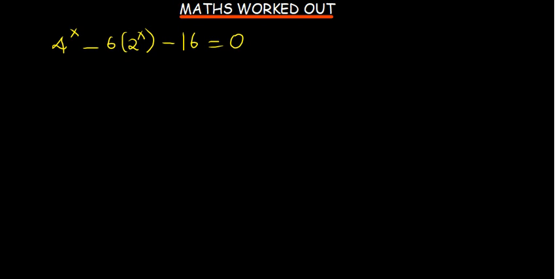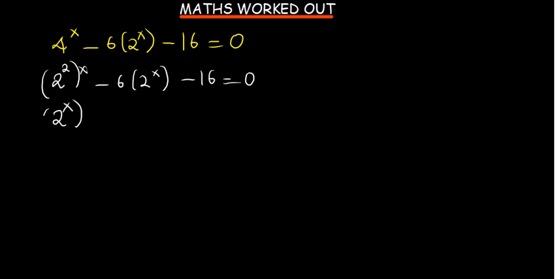So 4 can also be written as 2 squared, and then you have x minus 6 times 2 to the power x minus 16 equal to 0. Now I can also write this as 2 to the power x, all squared, minus 6 times 2 to the power x, minus 16 equal to 0.